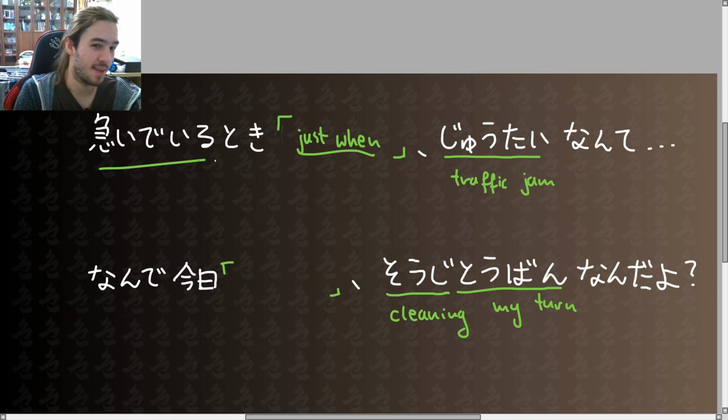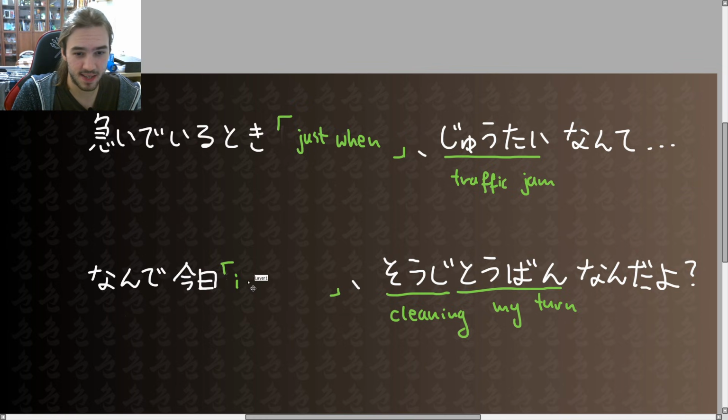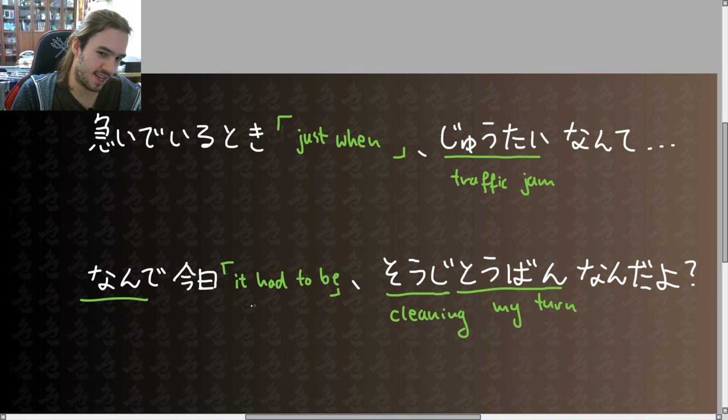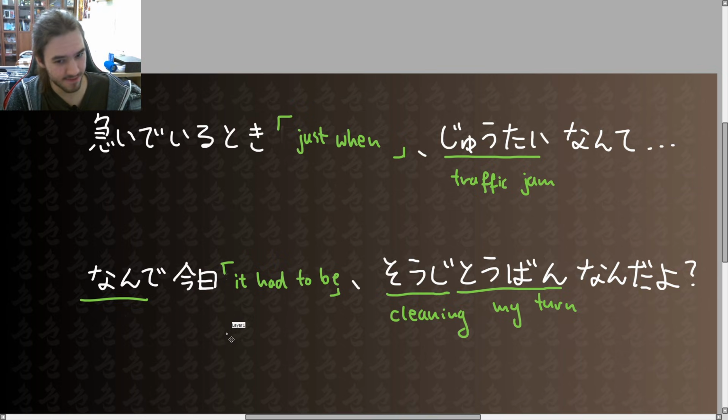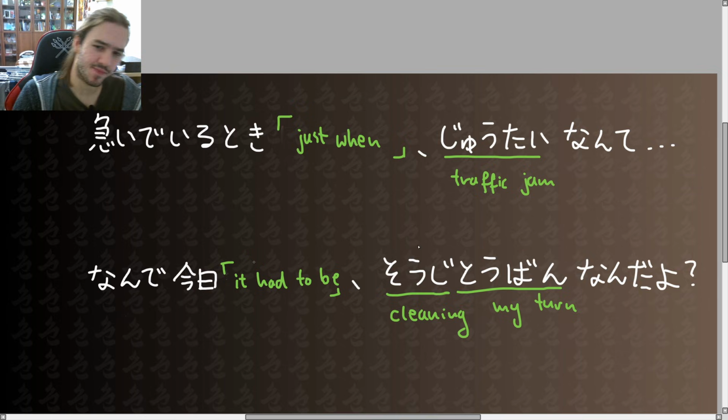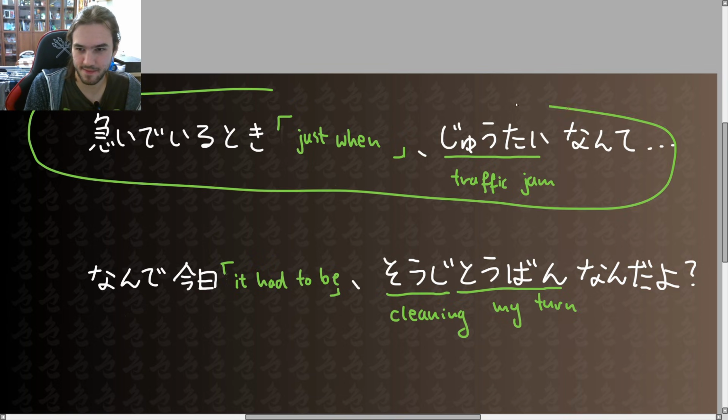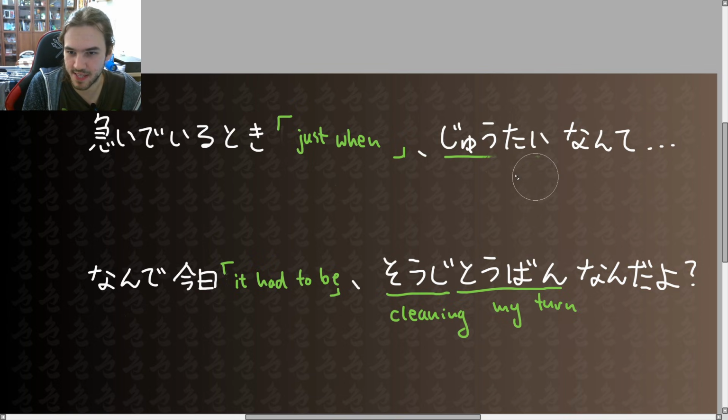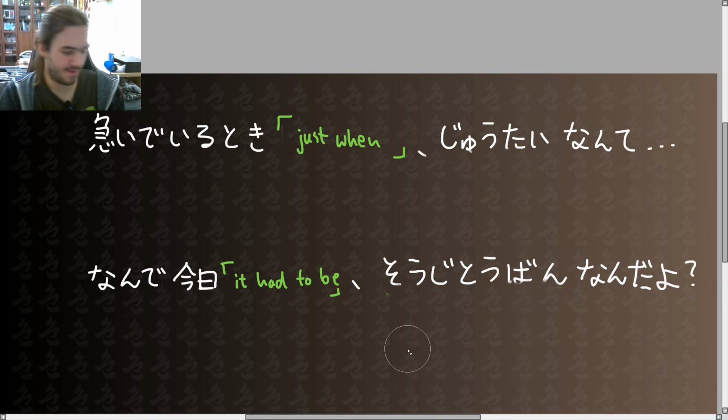Because just when I'm in a hurry. Or here, なんで今日に限って, so maybe "it had to be", as in why it had to be today, kind of vibe, okay? And this is the front of your flashcard now. Of course, you want to delete this, but anyway. This is now the front of your flashcard.